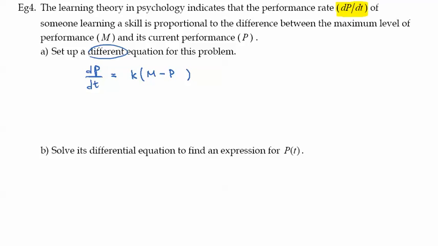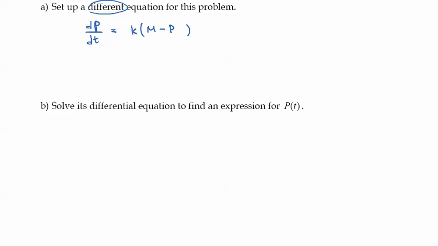And once I have the equation, I can now solve this differential equation. I can bring this to the left hand side. 1 over m minus p dp equals, multiply this dt to the right hand side and integrate both sides.